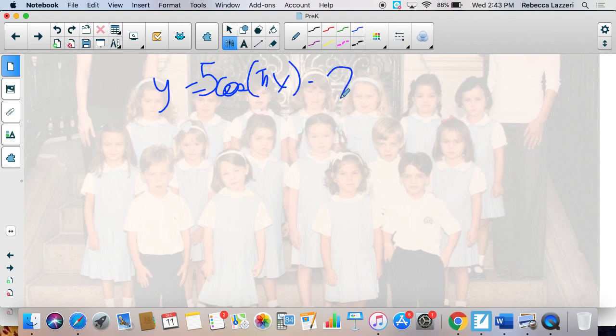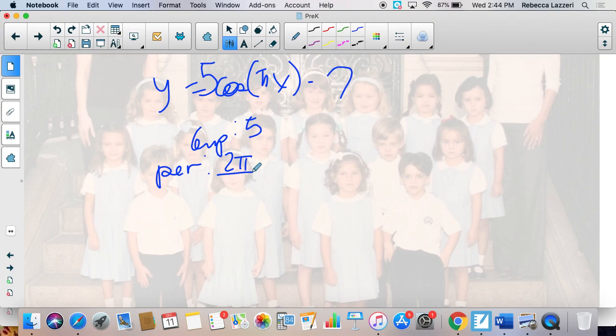Okay. Amplitude, 5. Period is 2 pi over what? Pi. Oh, that's not right. If you saw your sheet, you'd see it better. Sorry, I'm not writing it clearly. y equals 5. Wait, no, never mind. It's 5 cosine pi x minus 7. Yeah, pi, you're right.